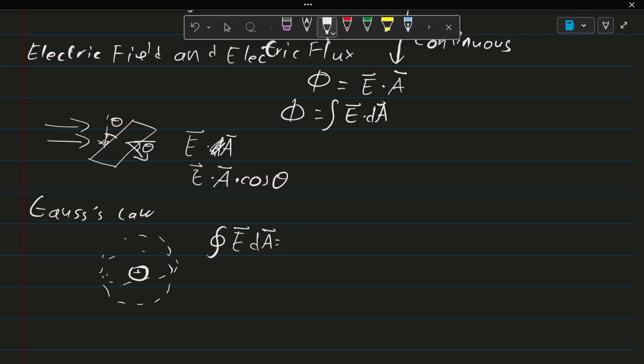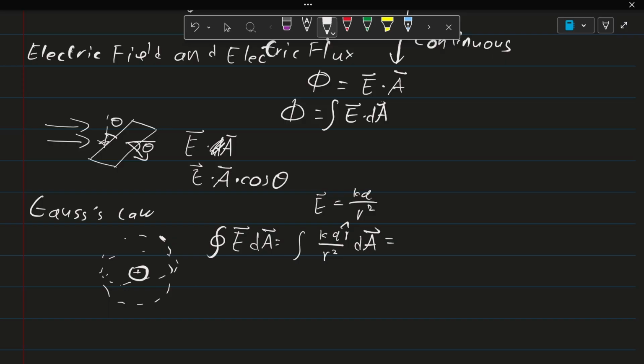So the first thing that you would notice is that the electric field could be written as kq over r squared. So we could just write that as k times q over r squared, and then for the dA vector, let's just write this as dA vector first. This is basically in the r hat direction.